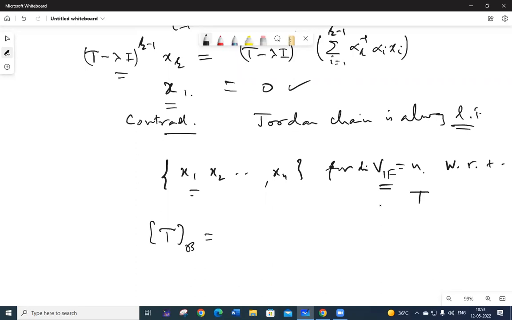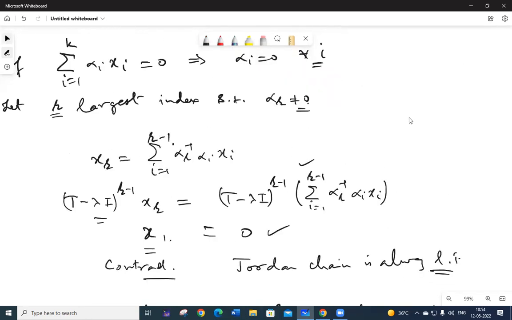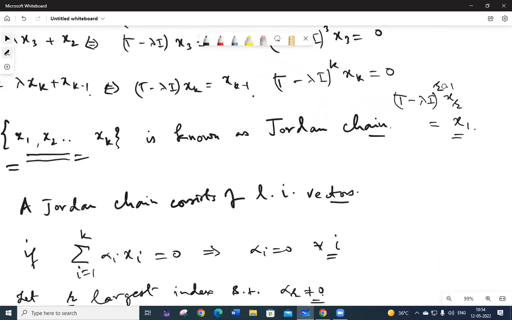Lambda on the diagonal, and one on the super diagonal. Rest are zeros. Will it be subdiagonal or super diagonal?